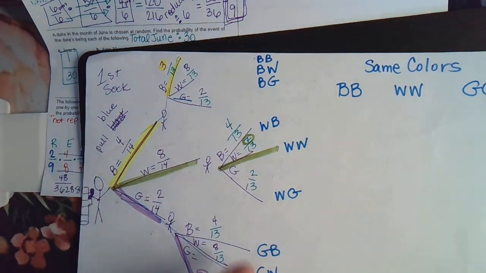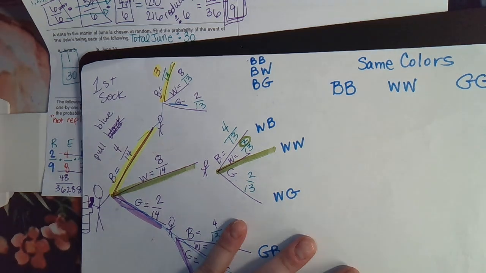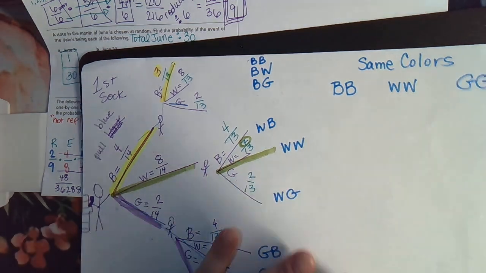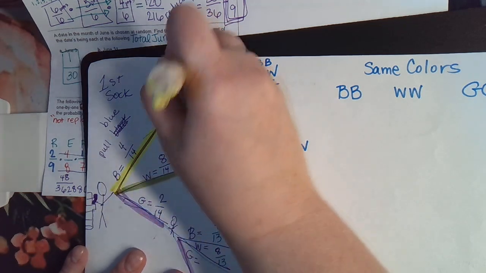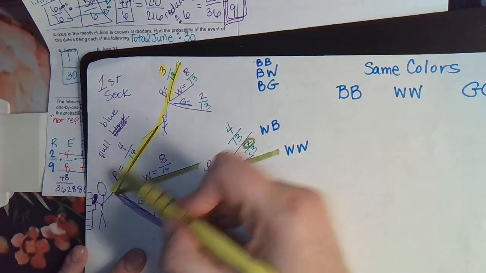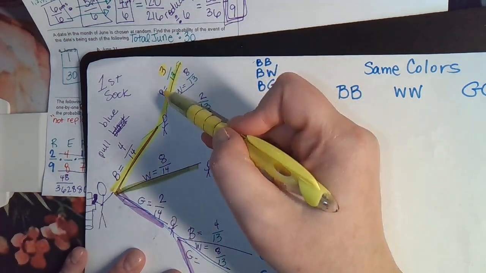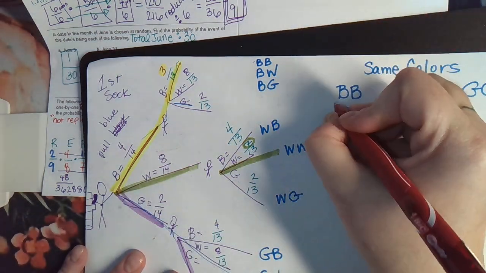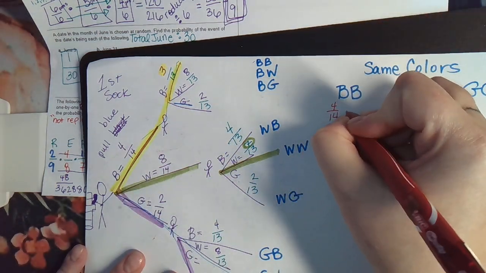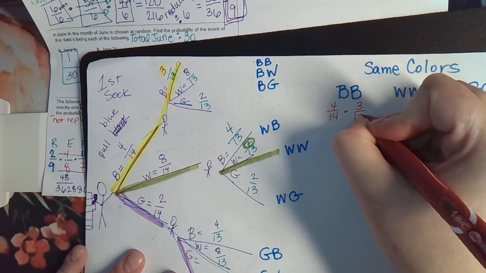You follow its path and multiply those numbers together. So the blue, blue path is 4 over 14 and then another blue, 3 over 13. So we have 4 over 14 times 3 over 13.